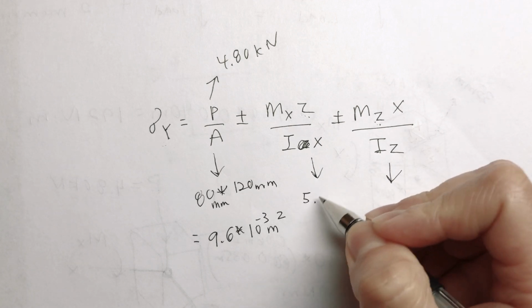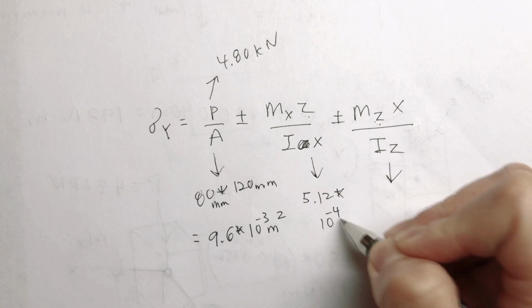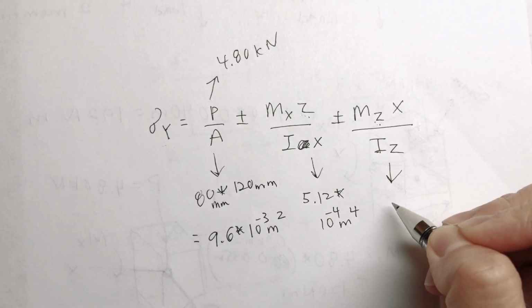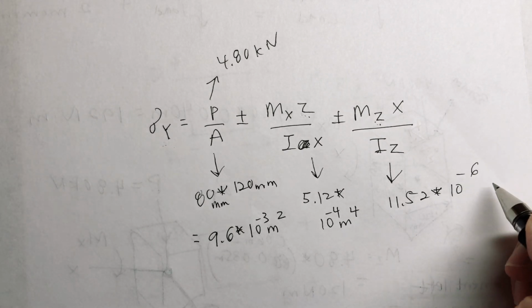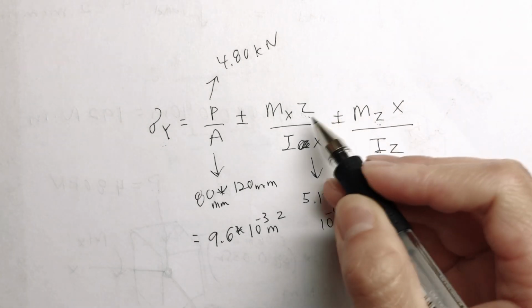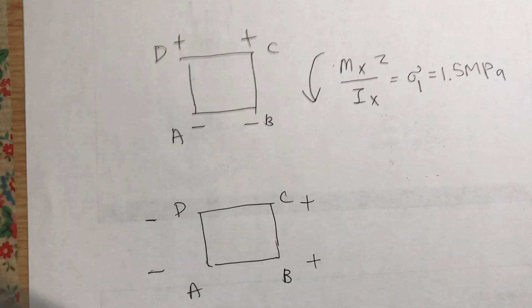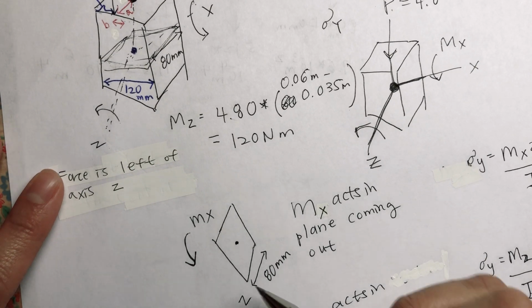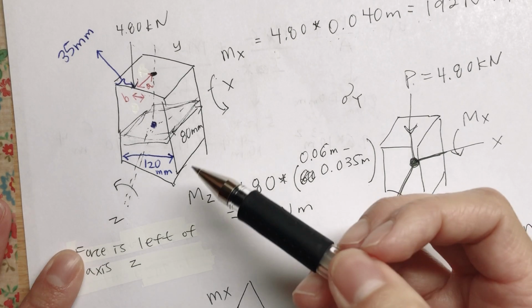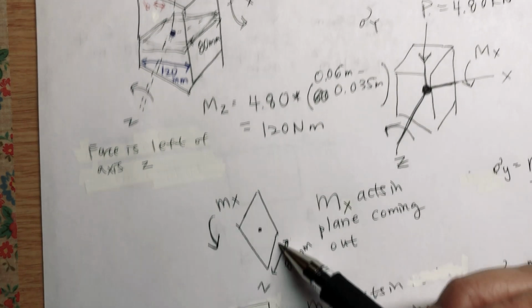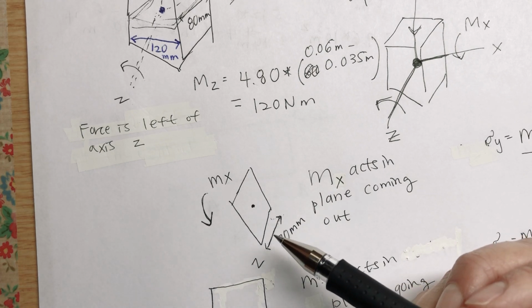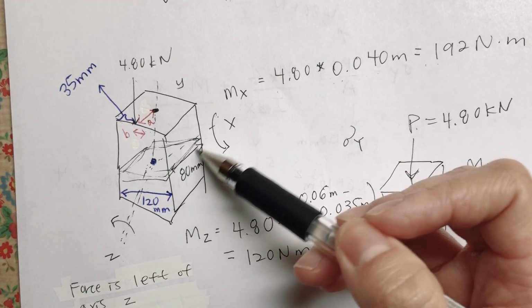So that's 5.12 times 10 to the negative 4 meters to the fourth, and 11.52 times 10 to the negative 6 meters to the fourth. z is 40 millimeters, right? It's coming out of the plane.